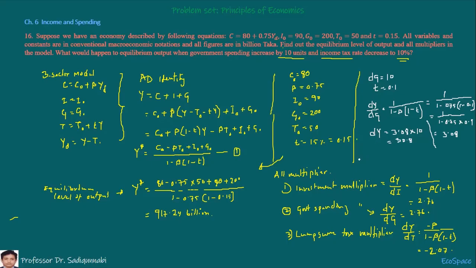So our new y star equals y star old plus dy, which is equal to 917.24 plus 30.8, which is equal to 948.04.